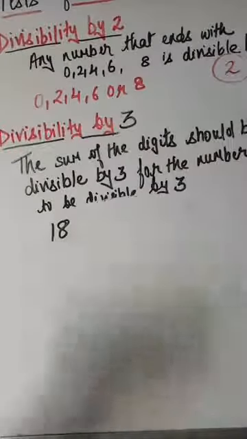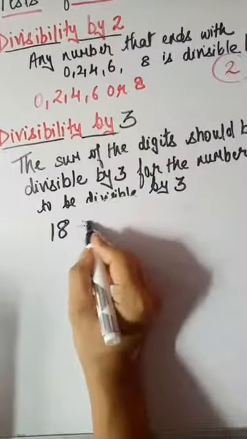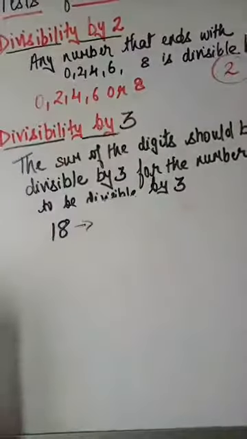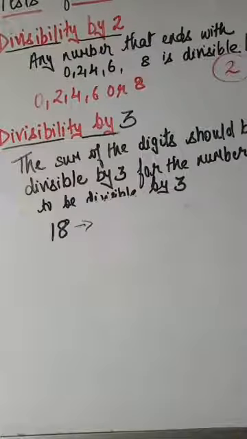Now we are going to find out. When we see the divisibility by 2, that means all even numbers are divisible by 2. And 3, we have seen that it is an odd number.